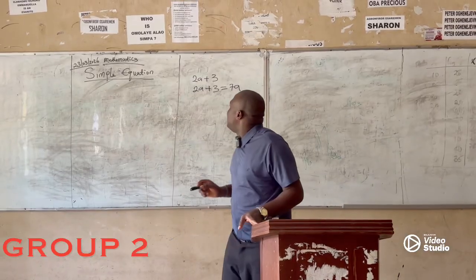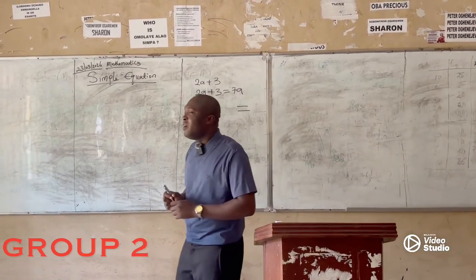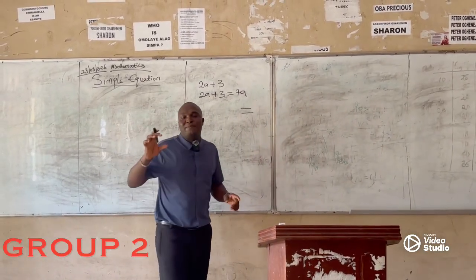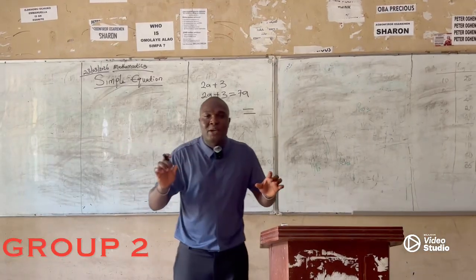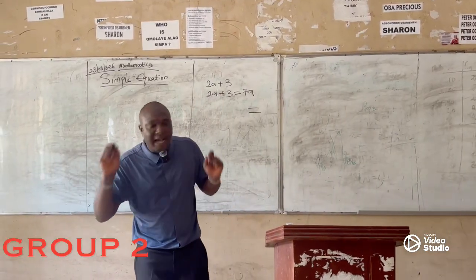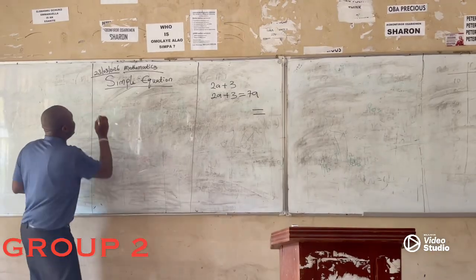First of all, we are going to look at the term expression. What is an expression? An expression is a mathematical statement without an equality sign. Let's write it down. An expression.